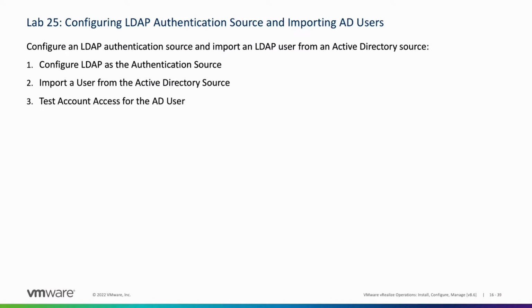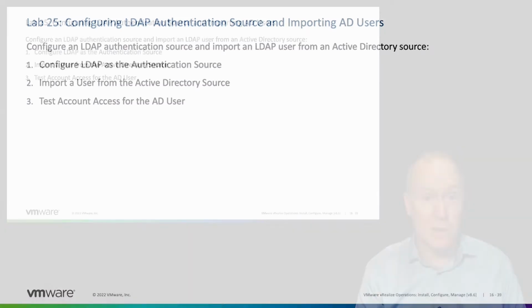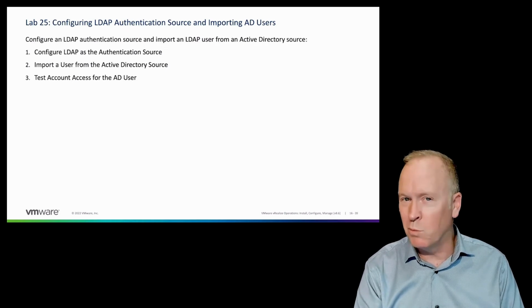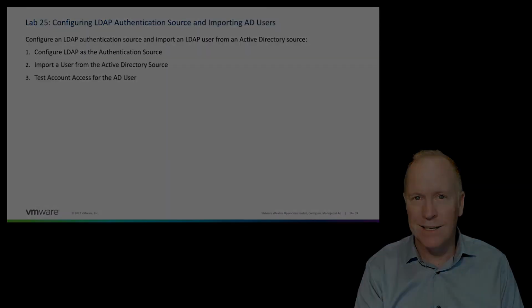That happens to be our domain controller. All the other answers that you'll need to create the connection between vRealize operations and Active Directory for our training lab environment are in your lab book. So let's go do these two labs, and when you're done, join me in the next video and we'll do a recap on this lesson.